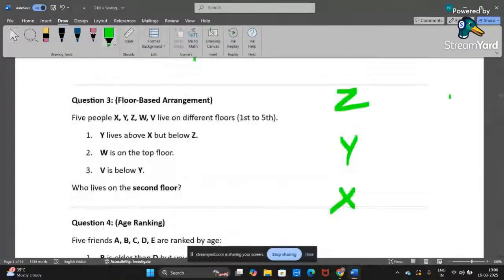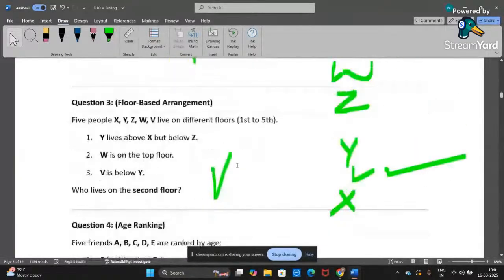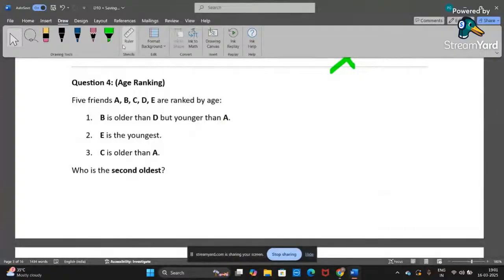So W will be at top. V is below Y. Yes, right. V is in the second floor. Fifth, fourth, third, second, first. So V is at the second floor, right? Yes. Understood? Okay, we'll move on to next.